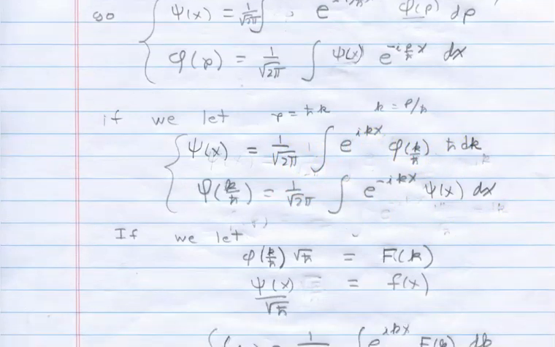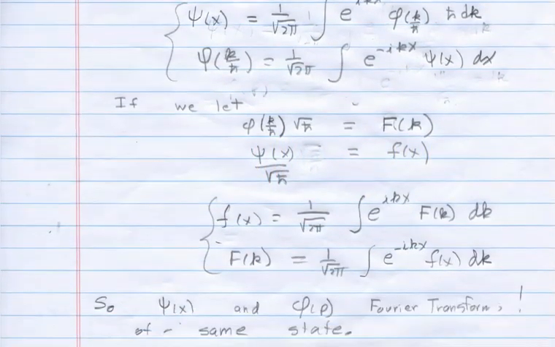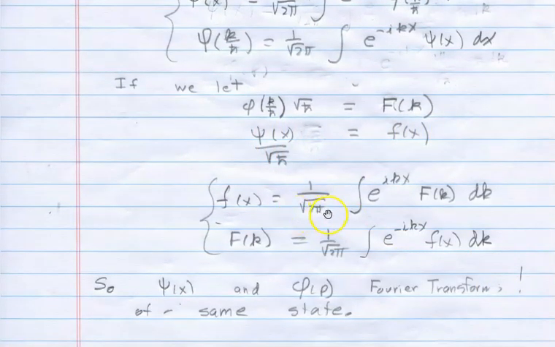And then if I just define the function phi of k over h bar times the square root as F of k, and psi over the square root as f of x, then I've got the complex Fourier representation of a function f of x, where big F of k is the Fourier transform of f of x.